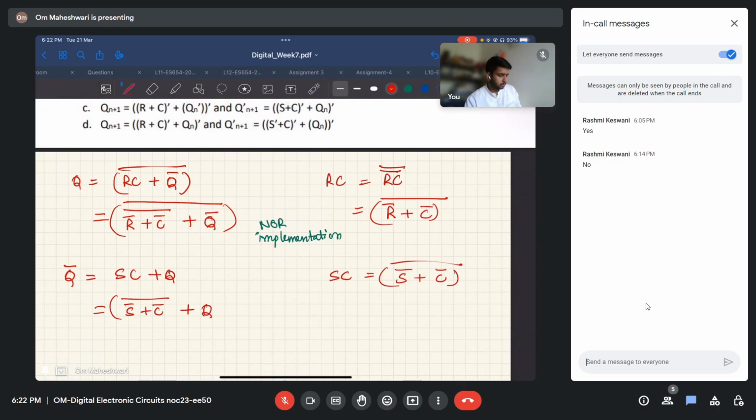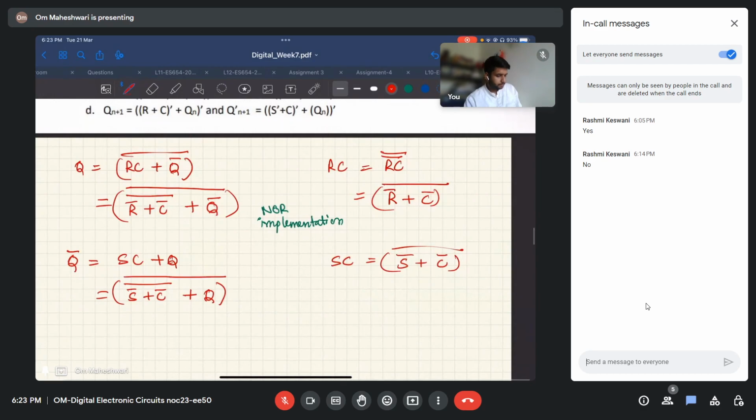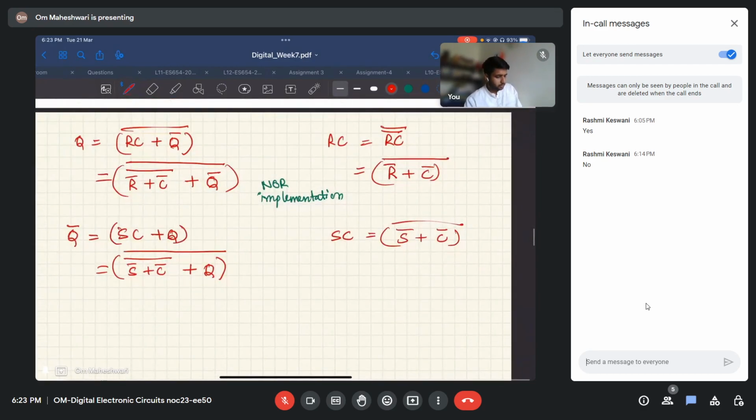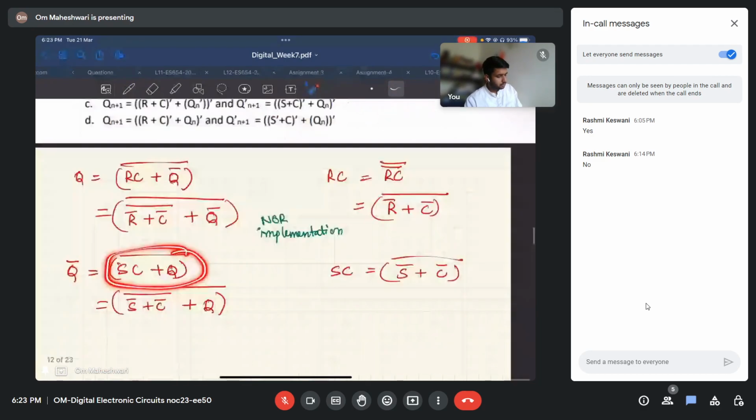So write it like this: SC plus Q whole bar. For this SC, we have S bar plus C bar whole bar, just expanded SC like this, and Q is as it is. Okay.